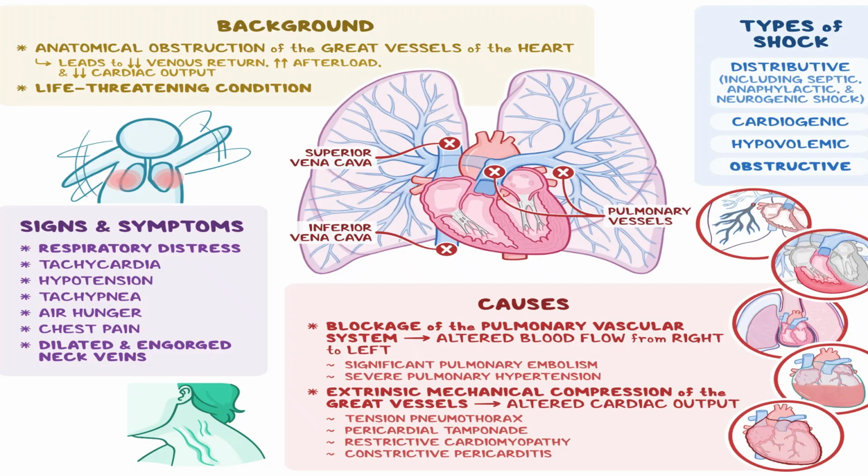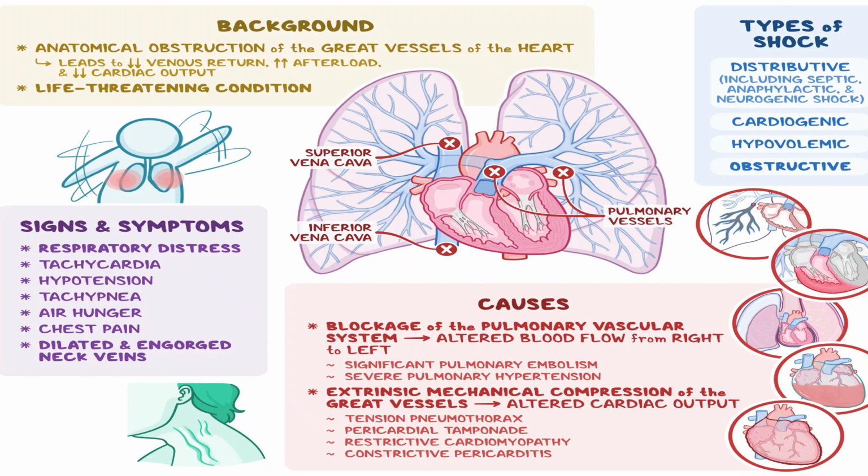And because you have an anatomical obstruction, it's going to increase that pressure, because what is the blood trying to do? It's trying to get past it. So you're going to have increased pressure in your ventricles, which is going to lead to increased afterload, which also decreases cardiac output.